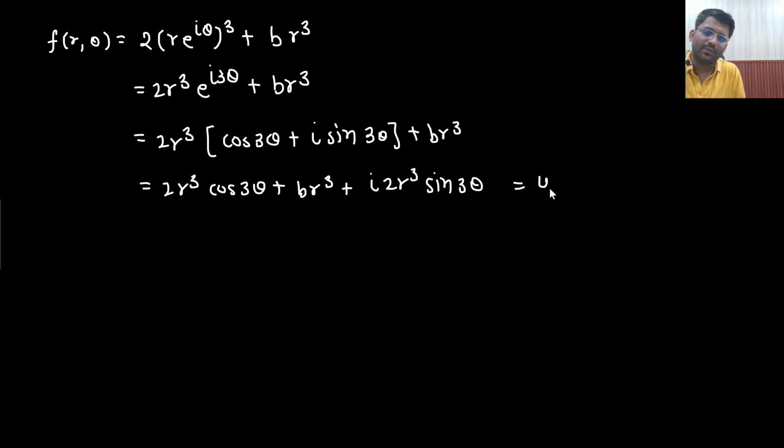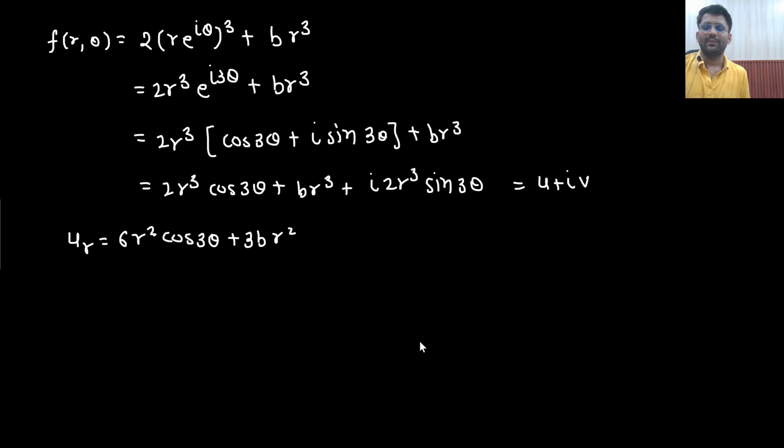So this will be your u plus iota v. So partial differentiation of u with respect to r will be 6r square cos 3 theta plus 3b r square. Okay. Then partial differentiation of u with respect to theta, what answer will I get? 6r cube sine 3 theta with the negative sign.